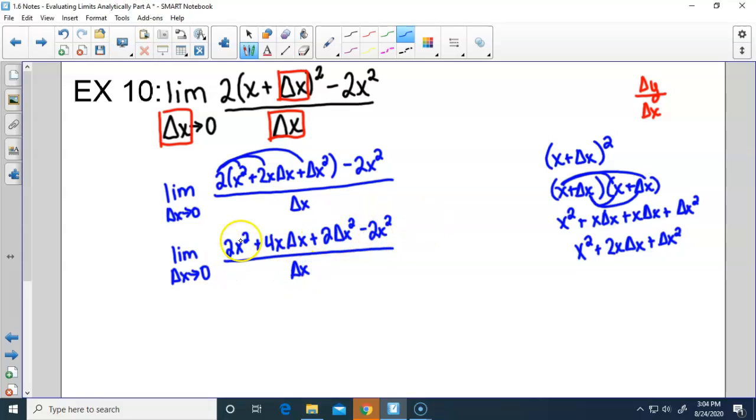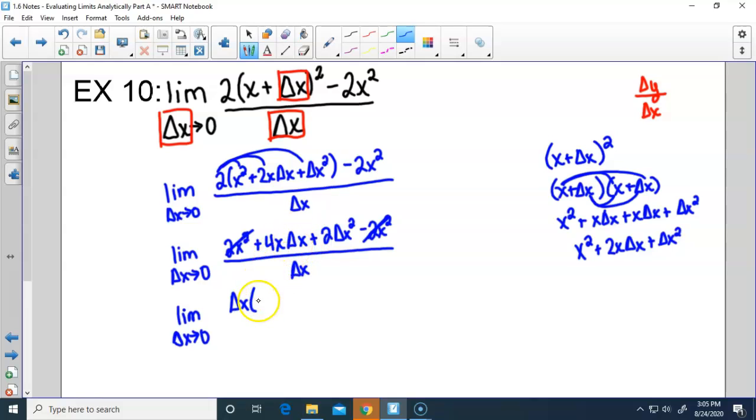So you can see here that we've got a positive 2x squared and a negative 2x squared. Those are going to cancel out. And that leaves us with 4x delta x plus 2 delta x squared all over delta x. And in that numerator, we've got a delta x in both of our terms. So we want to take the limit as delta x approaches 0, and then factor out a delta x out of that numerator.